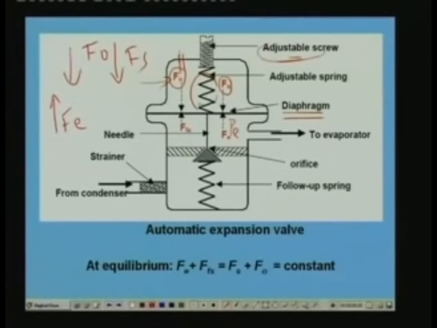And there is also an upward force because of the follow up spring, that is FFS, right. When the valve is balanced, these forces must be balanced. So at equilibrium the downward force, that is Fs plus F0, is balanced with the upward force, that is Fe plus FFS.